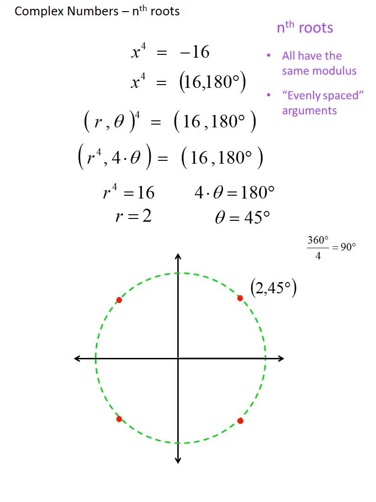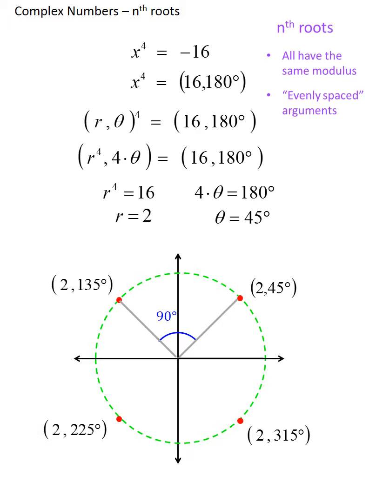After all, if you divide a 360-degree revolution into 4 equal parts, there should be a 90-degree spacing between answers, and that's exactly what I have here. I have my fourth roots all 90 degrees apart from one another. And therefore, since one of them has an argument of 45, I can add 90 to that, add 90 to that, and add 90 to that, and have all 4 of my fourth roots.